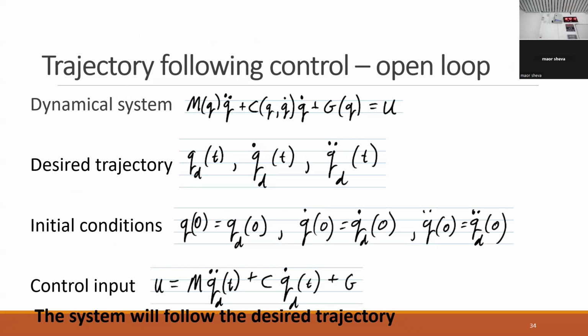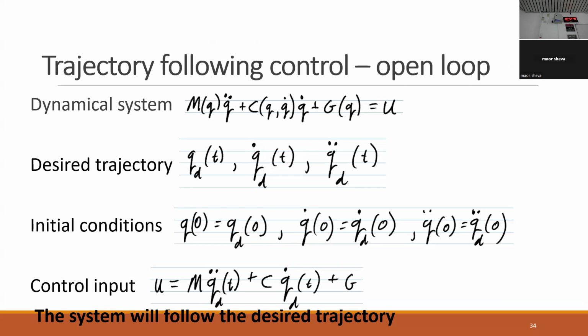So I have a dynamical system with M, C, and G, and a control input U. And I have a desired trajectory, qd(t), qd dot(t), and qd double dot(t), where I want the system to follow this trajectory, and I'm looking for what U should be.